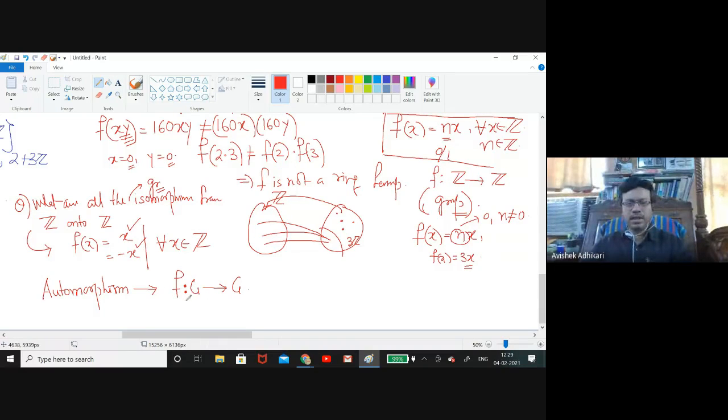If you take the isomorphisms from the same group to the same group, we call it an automorphism. And the collection of all automorphisms, in the case of groups, we denote by Aut(G). This is nothing but f is a mapping from G to G such that f is an isomorphism. Of course, it's a group isomorphism.